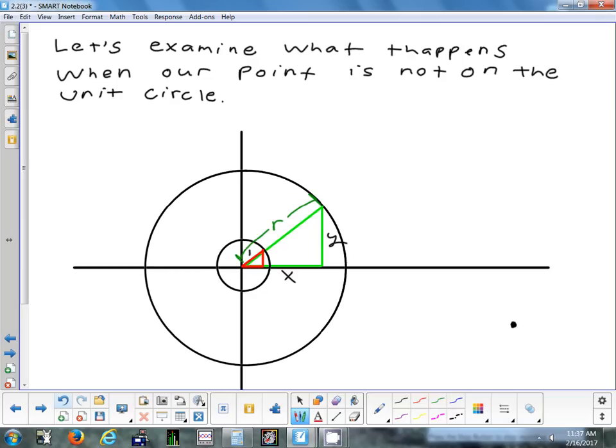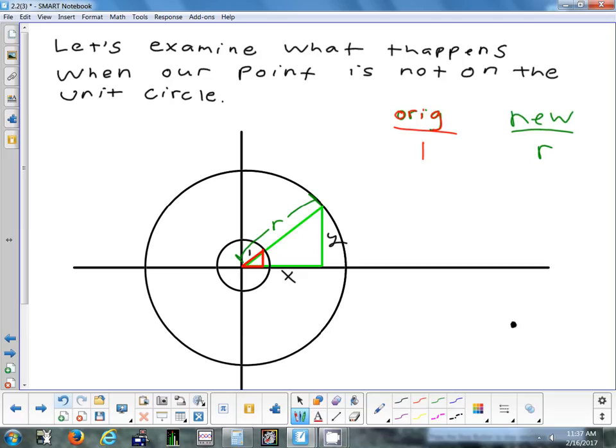It's the radius of that bigger circle. So in the original, I'll try to write them in the same color, the original was the red triangle. The radius was 1. In the new one, that's the green triangle, the radius is now R.